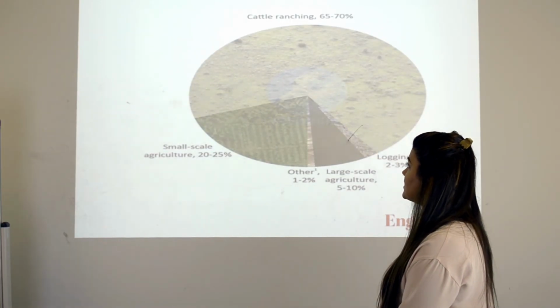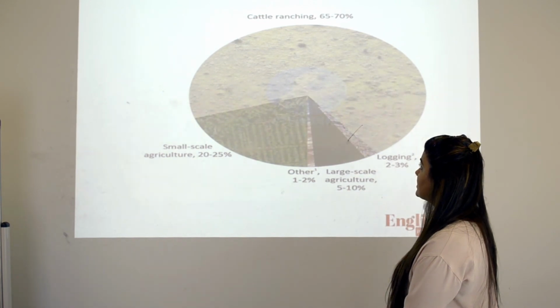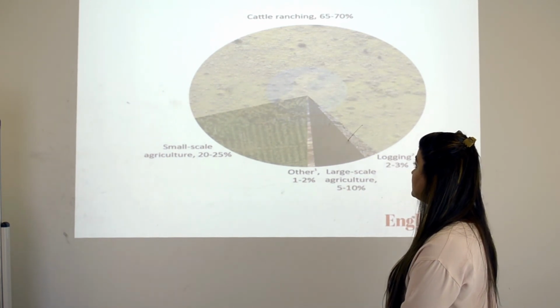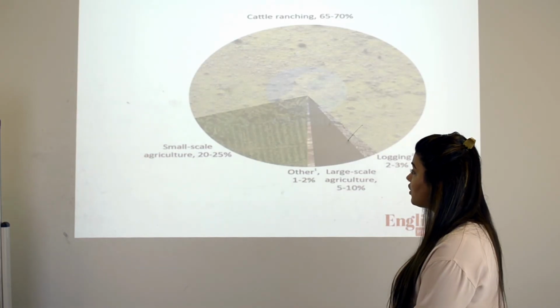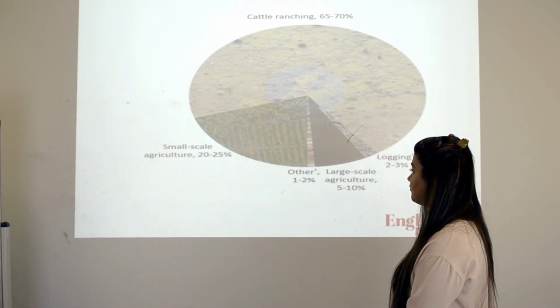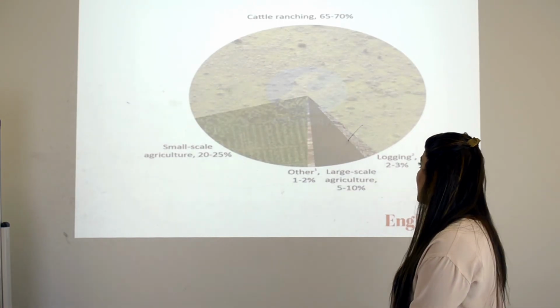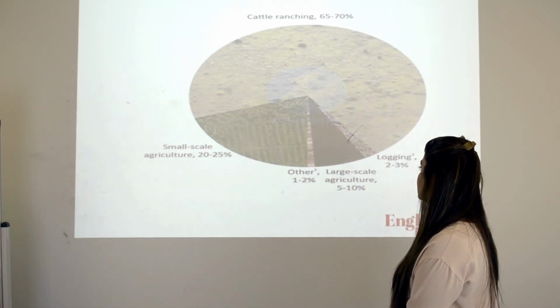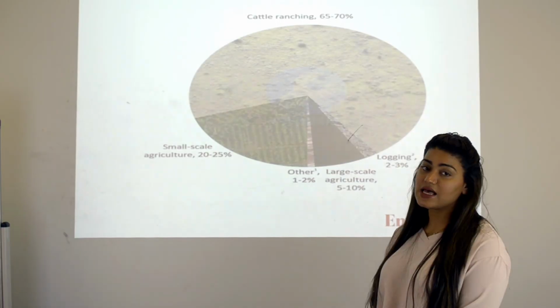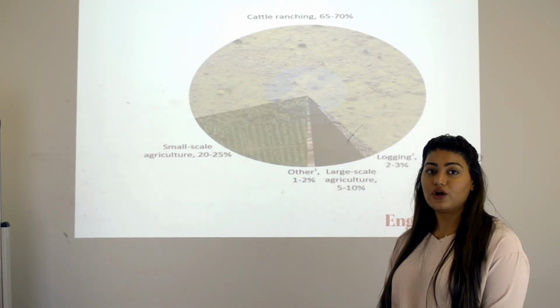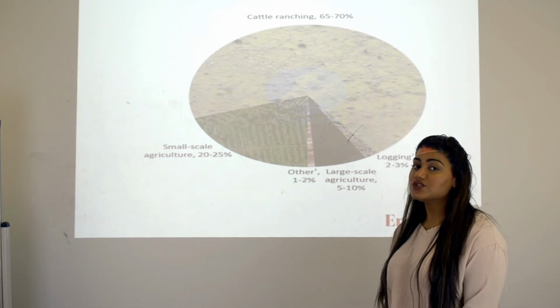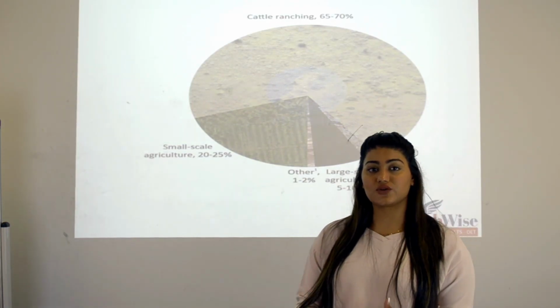On the screen, I can see a pie chart which represents the cattle ranging 65 to 70%. I can also see small scale agriculture 20 to 25%. I can also see large scale agriculture 5 to 10%. I can also see logging that is 2 to 3% and others as 1 to 2%. Overall, the picture gives a lot of information. So this is how you're going to do your describe image.